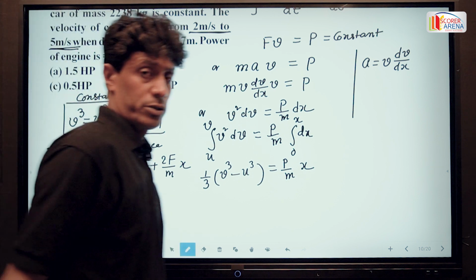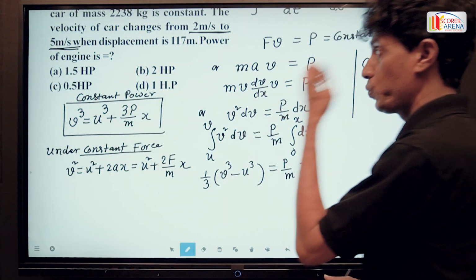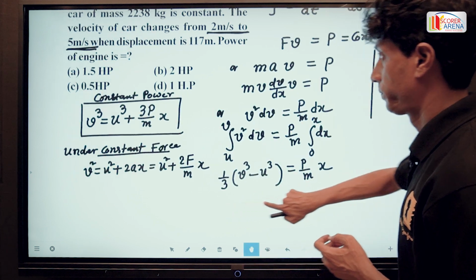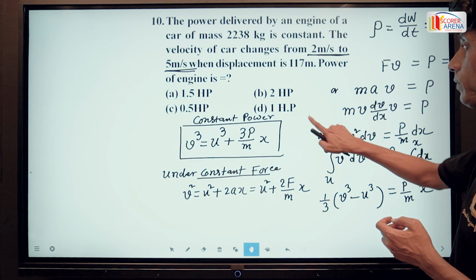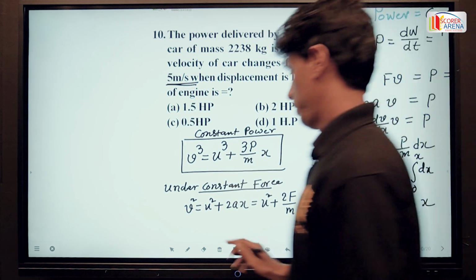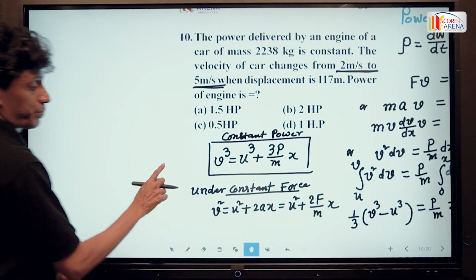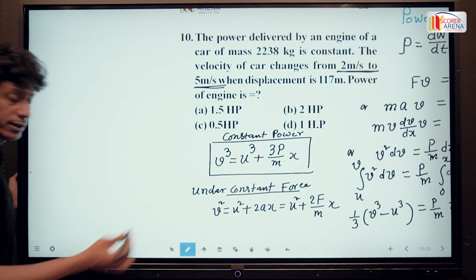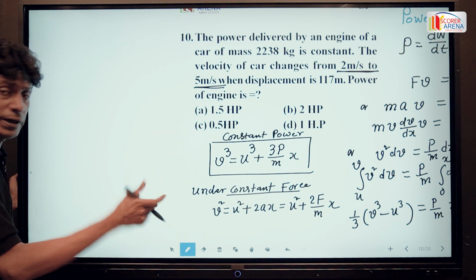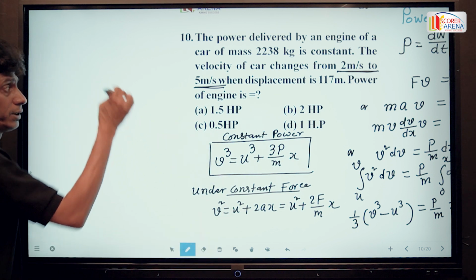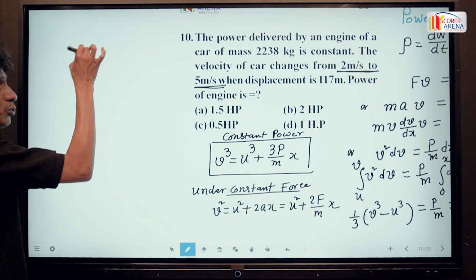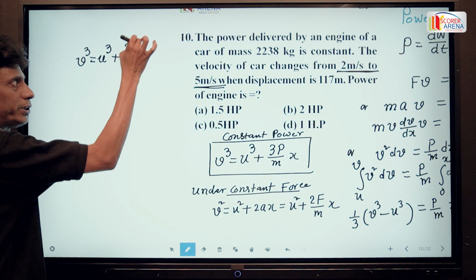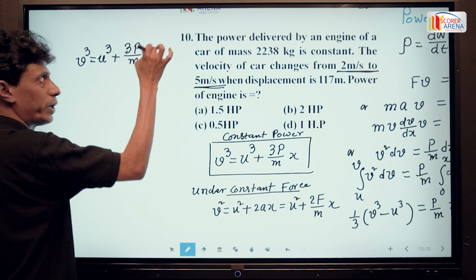So let us move to calculate the problem asked today. Directly write the equation, particularly for the competitive exam: v cubed equals u cubed plus 3P by m into x.